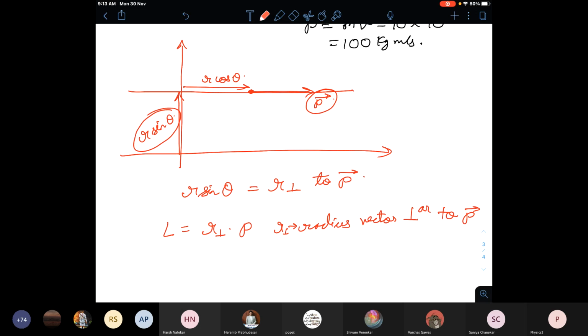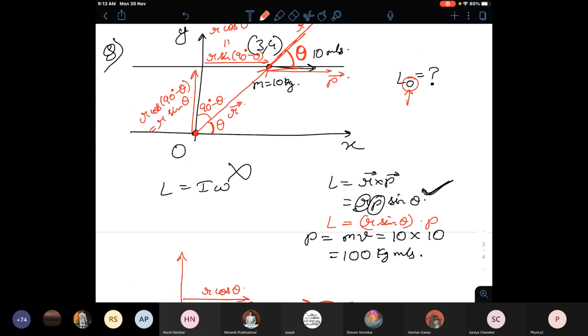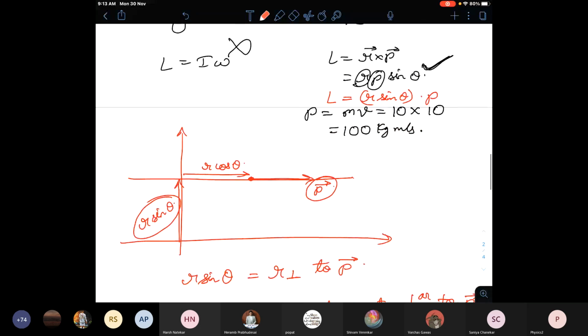If you see in the question, they have given us 3,4. What is 3? 3 is this distance on the x-axis, the x coordinate is 3 and the y coordinate is 4. You can see that this 4 and r sine theta are parallel, and both are perpendicular to the p vector.